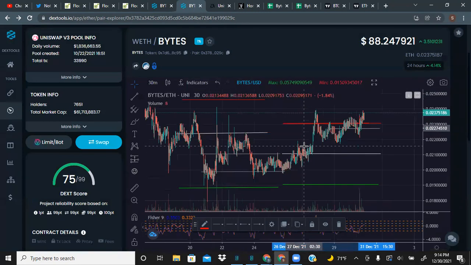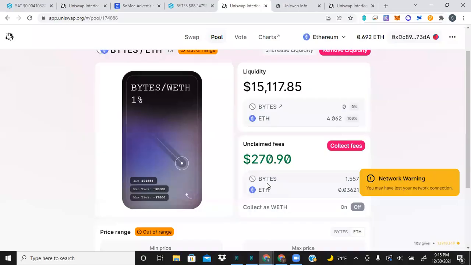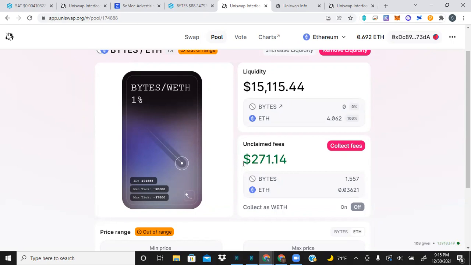So I decided to up my liquidity pool. I closed this position here and I created a new zone between 227 down to 210 here. Unfortunately, we're moving above, so I'm missing out on a lot of action. But I was able to accumulate a small amount here, which will basically cover my gas fees in and out.